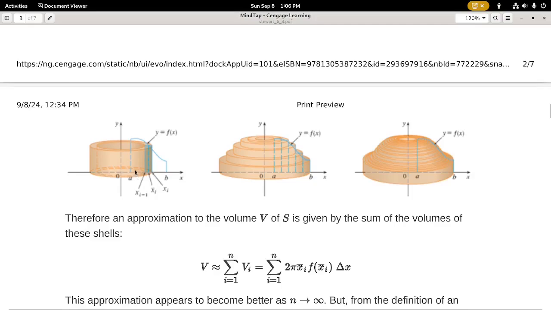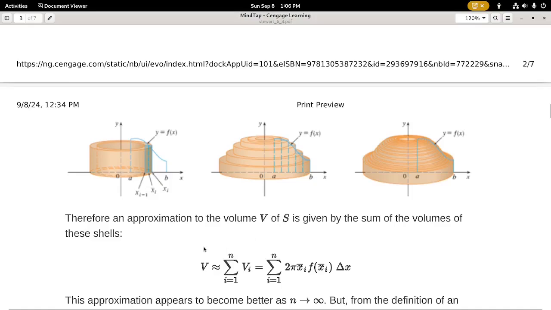Now if I go to a different point, a different x i, the formula is still the same, it's just that the particular values change. We compute the volume of the next one and add it.